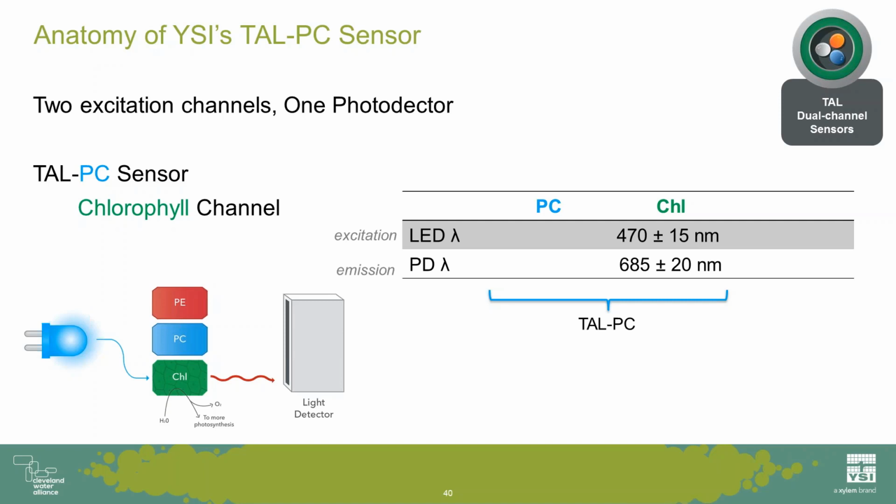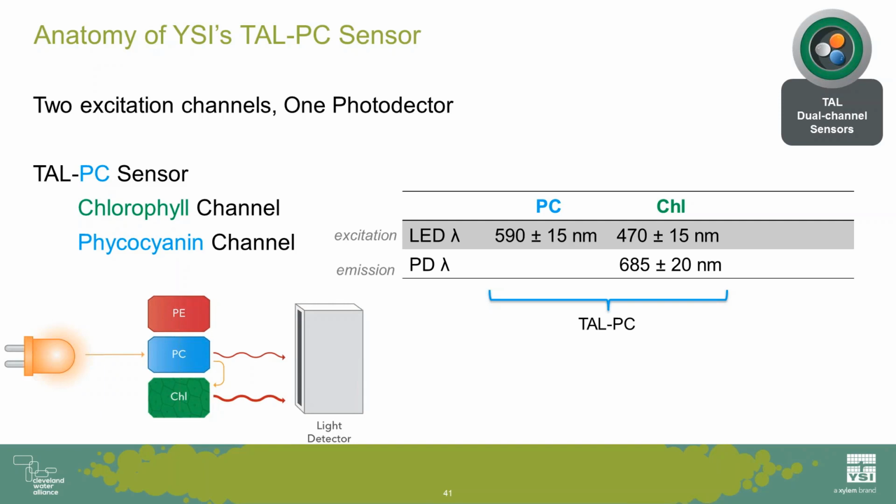The photodiode detects emissions from chlorophyll at a peak wavelength of 685 nanometers, again with a very tight bandwidth filter of 20 nanometers. The phycocyanin channel is likewise excited by a tight wavelength band, this time in the orange region of the electromagnetic spectrum. But here is where we do something rather unique.